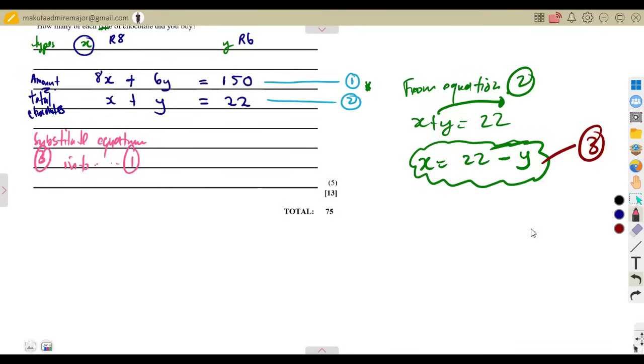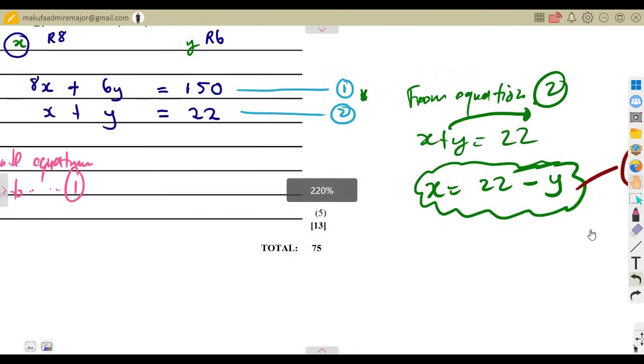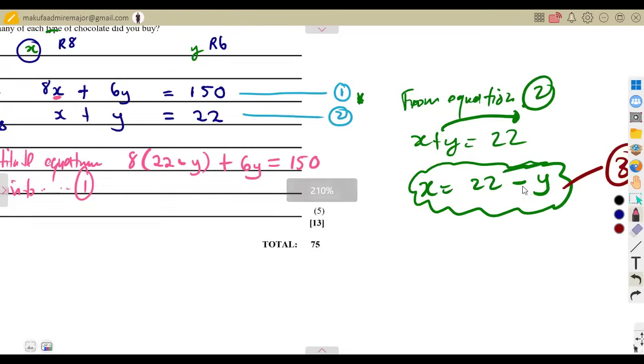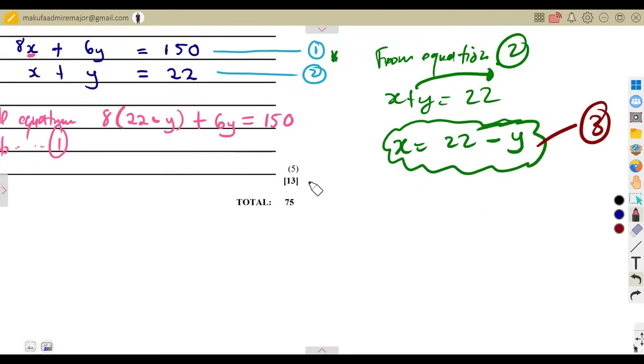In place of X in equation 1, you are going to substitute this X that you have, which is 22 minus Y. So it's going to be 8 times X, and our X is given as 22 minus Y, like this. All right, we have substituted X, but this part, nothing is affected, so it's going to remain as it is, plus 6Y is equal to 150. So that's it. From the substitution, the part that you have made the subject, you now substitute it.